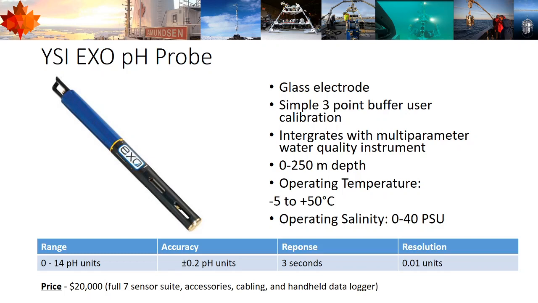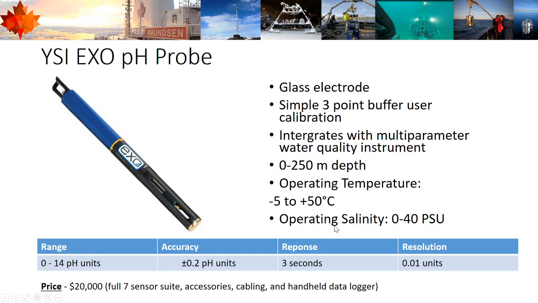So the YSI probe is a commercially available sensor using the glass electrode method to measure pH. So it's measuring the electrical potential of a solution between two electrodes, with the glass electrode referenced against a solution of stable pH. So the YSI is capable of operating within a wide range of environments, looking at that operating temperature, the operating salinity, and the pH range that it's able to measure.